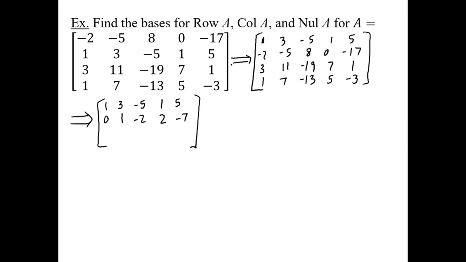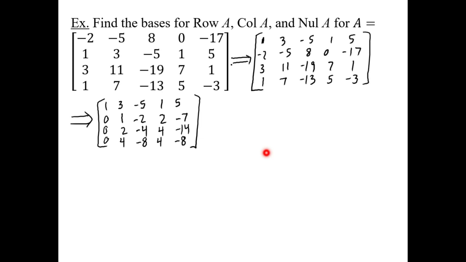Multiply the top row by -3 and add. We get 0, 2, -4, and -3 times that would be -14. And then let's just do row 4 minus row 1, which gives me 0, 4, -8, 4, -8.